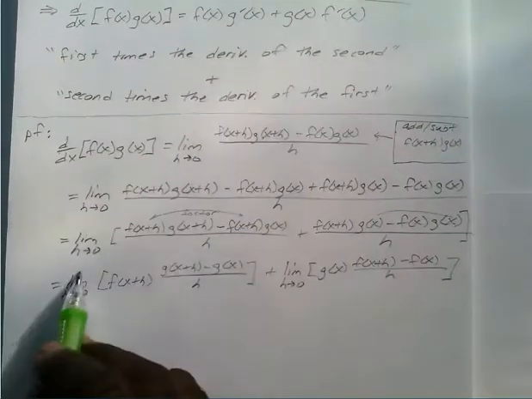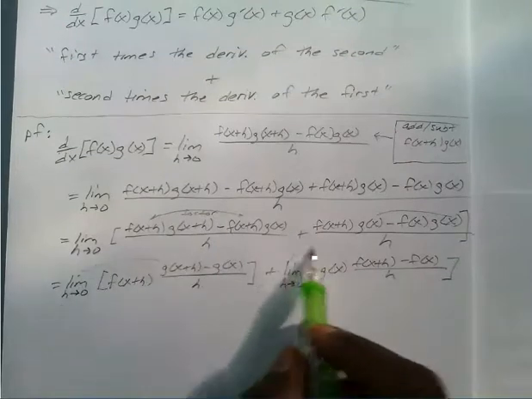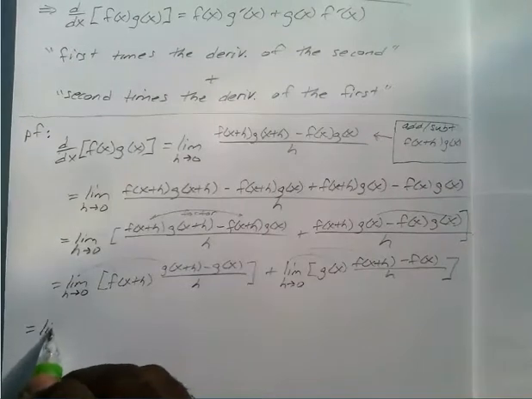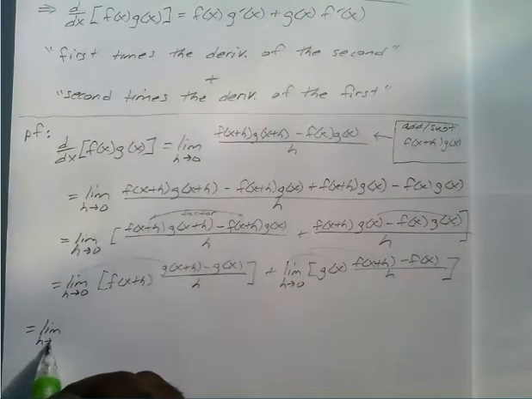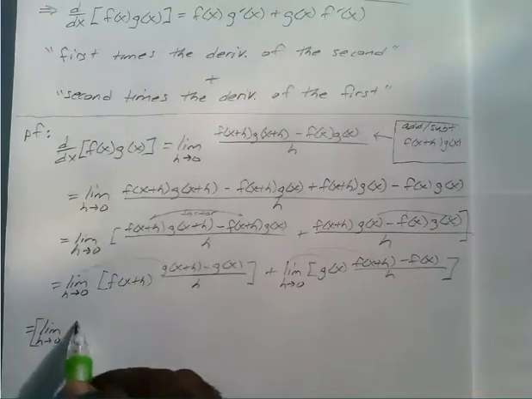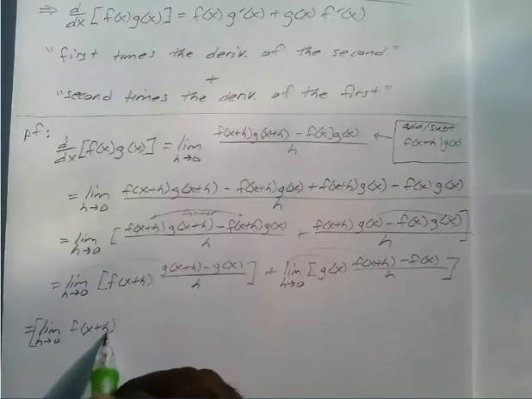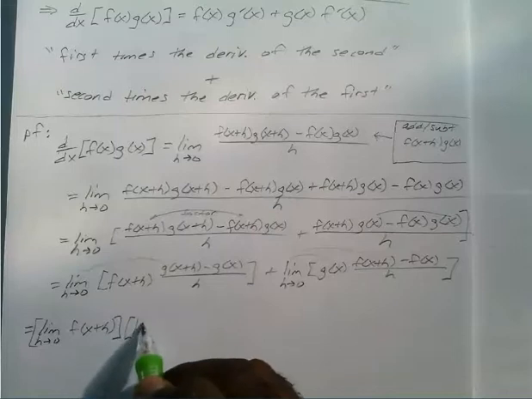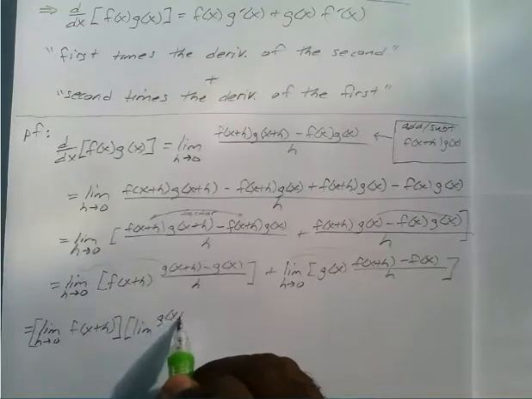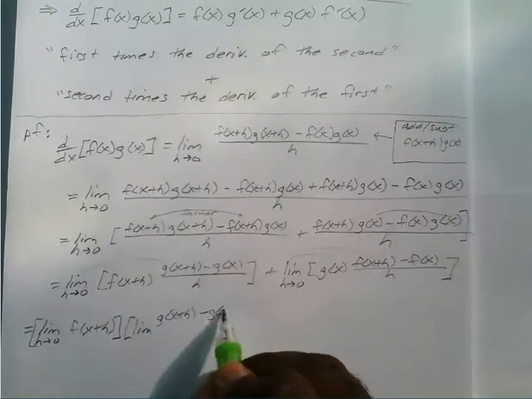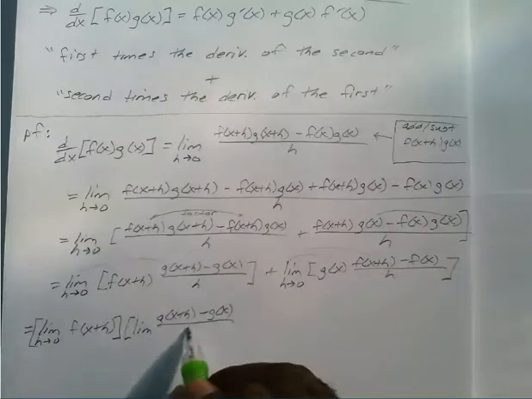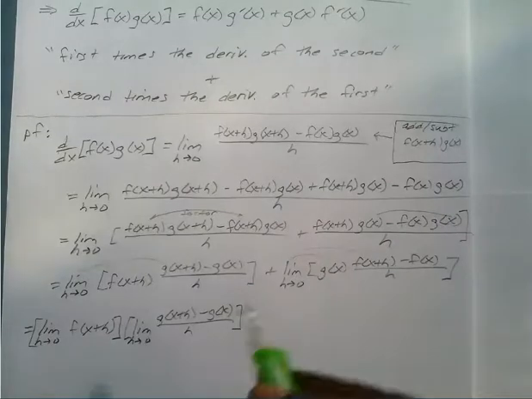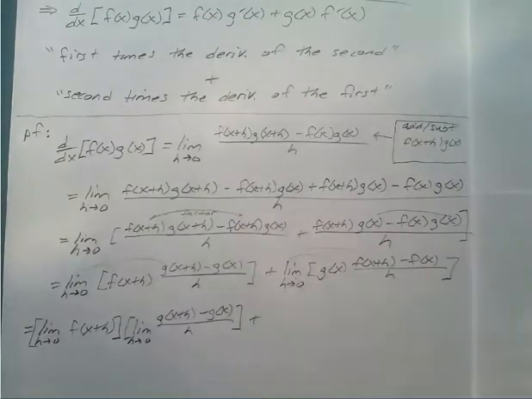Okay, so once again, we're going to distribute our limits to the two factors. So you have the limit as h approaches 0 of f of x plus h, times the limit of g of x plus h minus g of x all over h as h approaches 0, plus, go ahead and distribute it to those two.